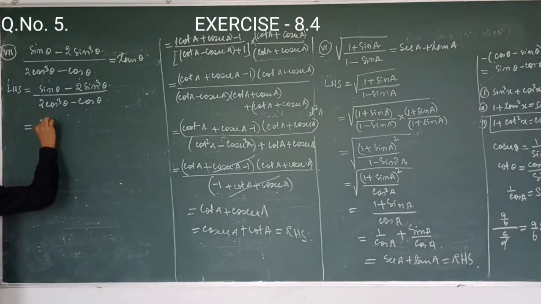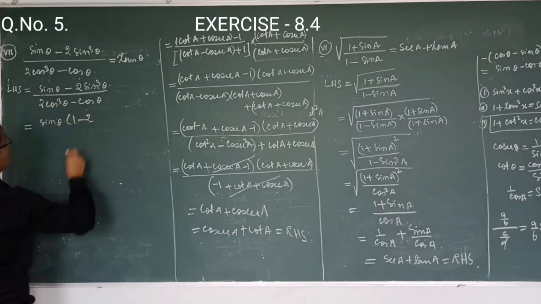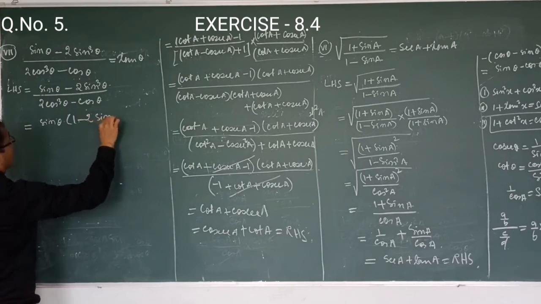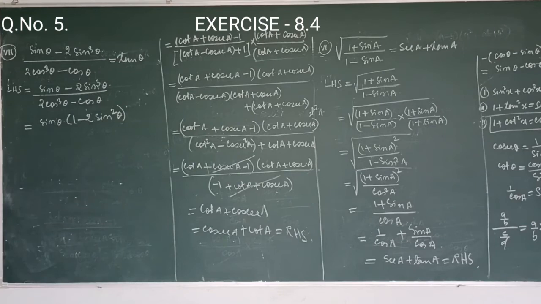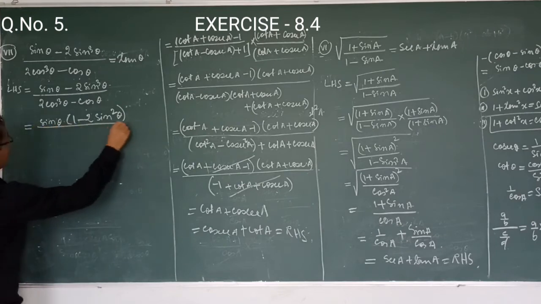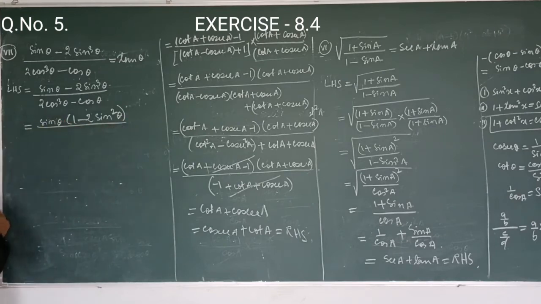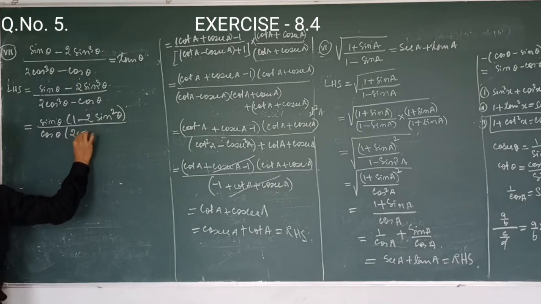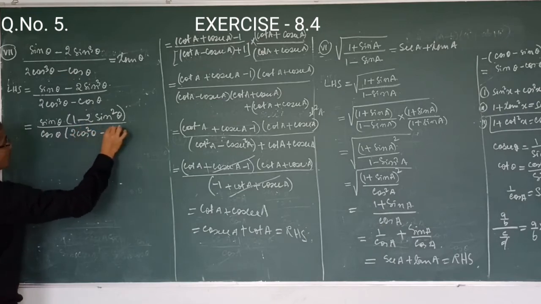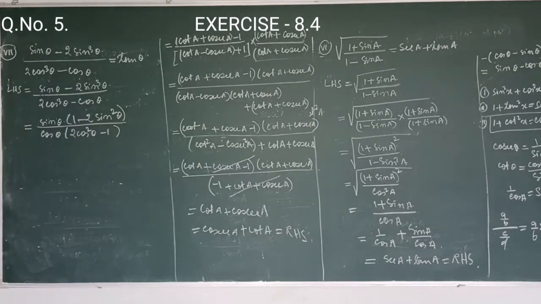So sin theta we take in common, so this is 1 minus 2 sin square theta. And here cos theta, then 2 cos square theta minus 1.